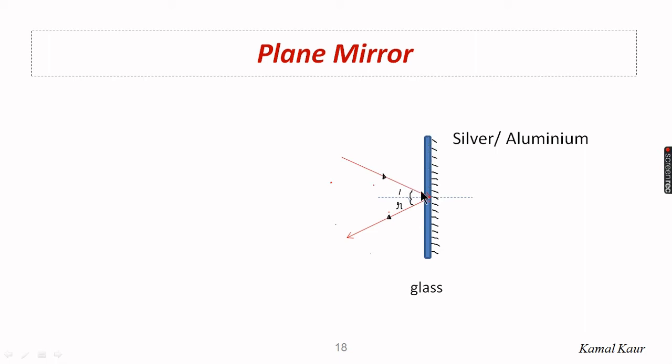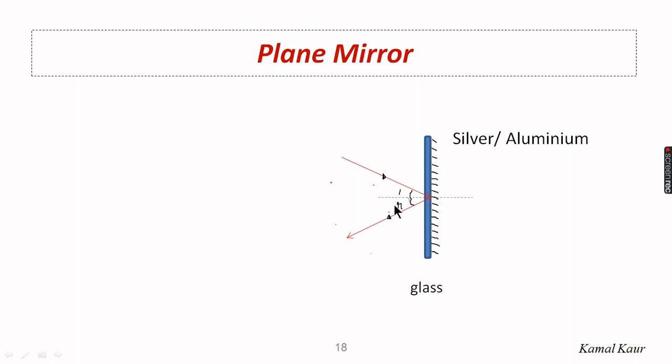It will go up to the silver surface and will be reflected from there. And this will be called the incident ray. This is the point of incidence where the incident ray is touching the glass surface, and this is the reflected ray.